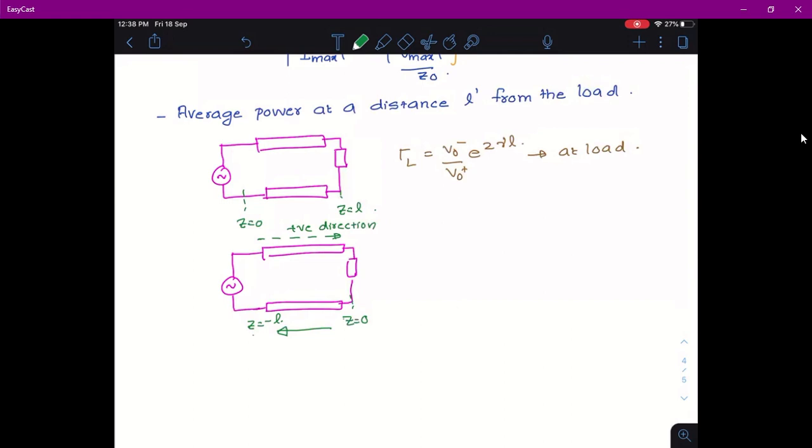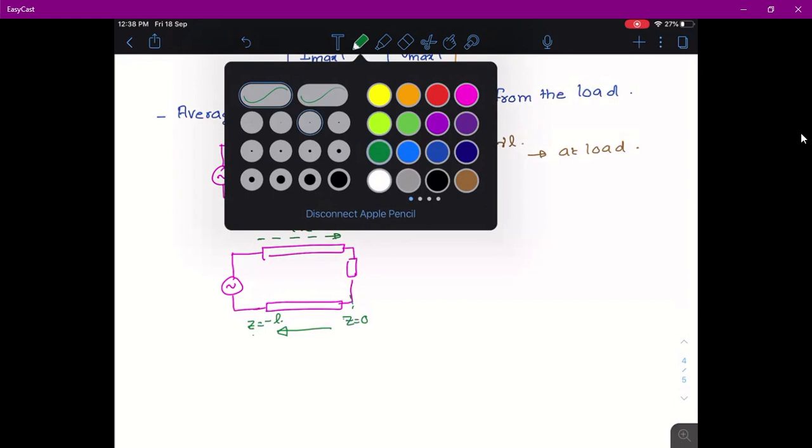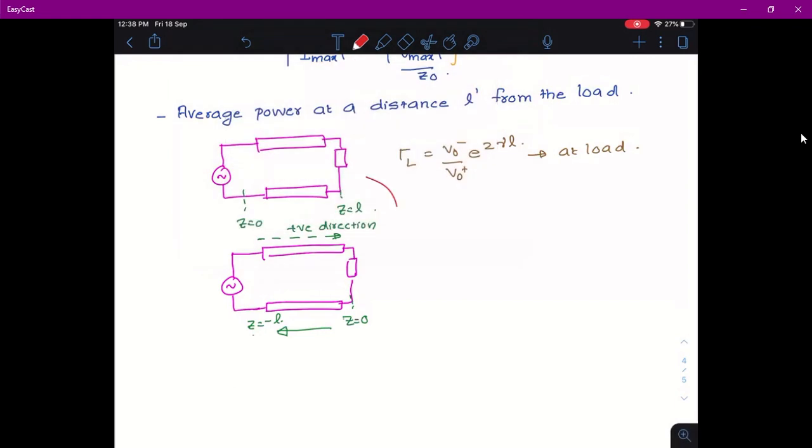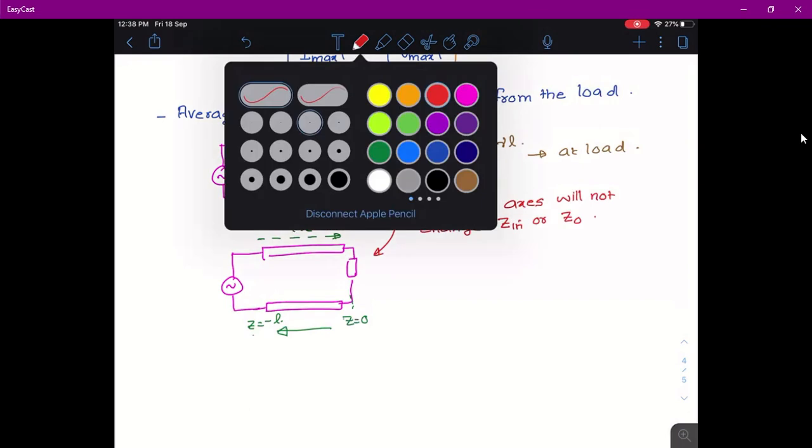So, this change in axis will not change Z in or Z0. This is purely for our derivation. Fine.